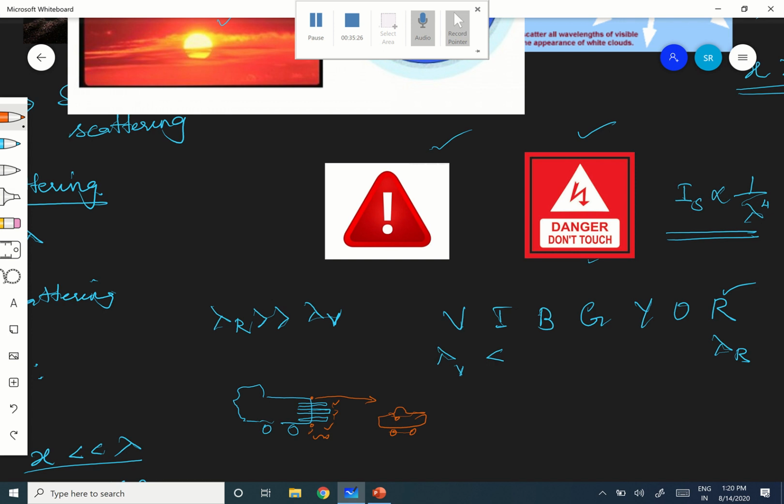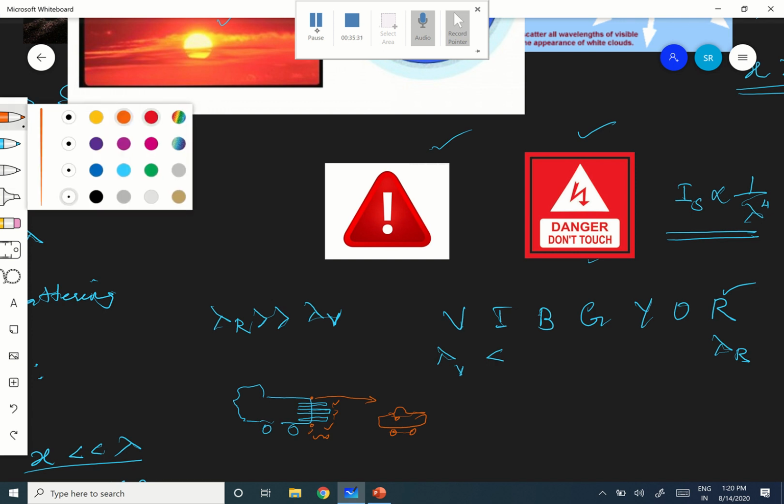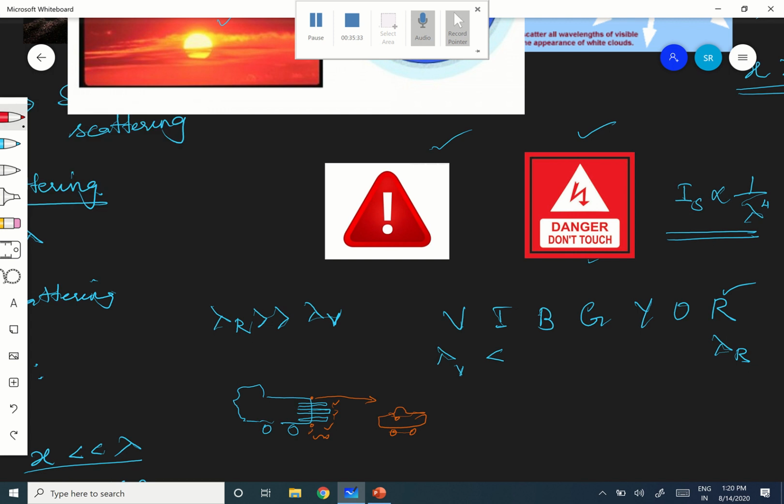Because he is not able to see, this part is not visible to him. So to avoid that, it is a traffic rule. Whichever material is projected outside, a red cloth or some red color ribbon will be hanging there.